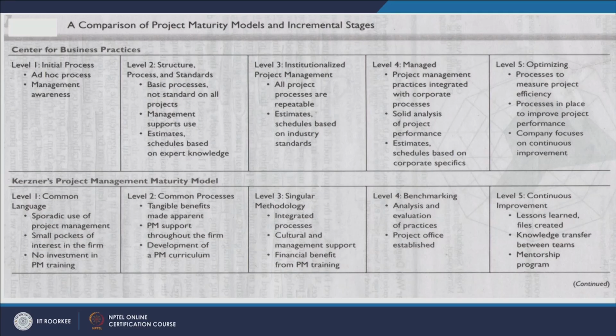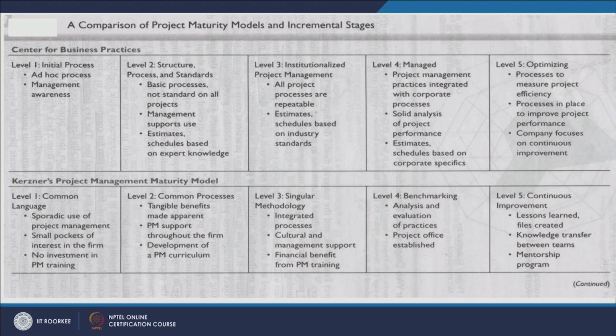Let us talk about those maturity models. The first one is Center for Business Practices. This has got 5 levels. In almost all the models, in the first level you have got ad hoc processes. You do not know much initially about the processes of the organization.